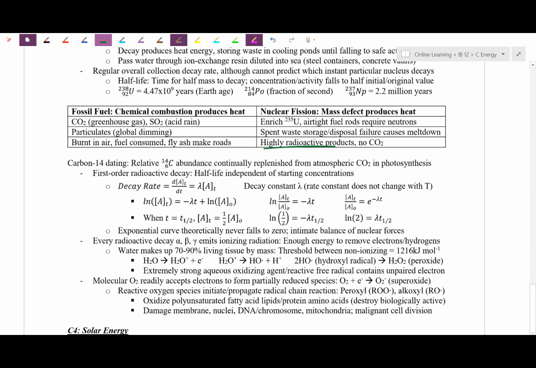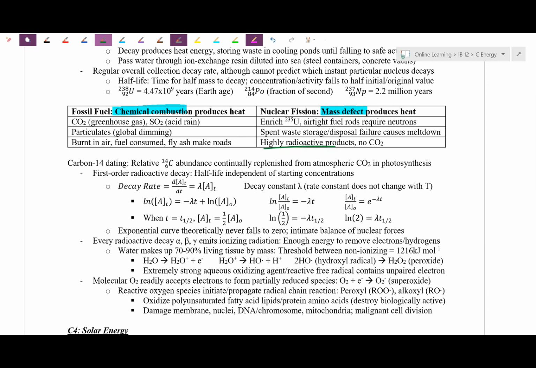That might be good in terms of a global warming aspect, as it scatters some of the solar radiation. We'll see that in a later lesson. They're burnt in air, so they need oxygen. We can recycle some of the materials, whereas fossil fuel was burning chemicals, nuclear fission is using the mass defect, this change in binding energy, and leveraging that.